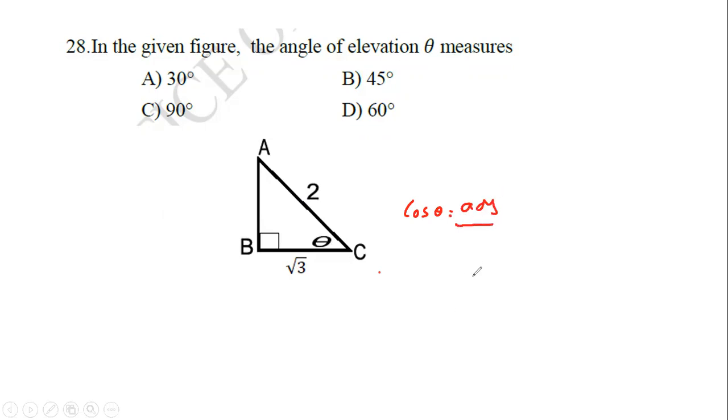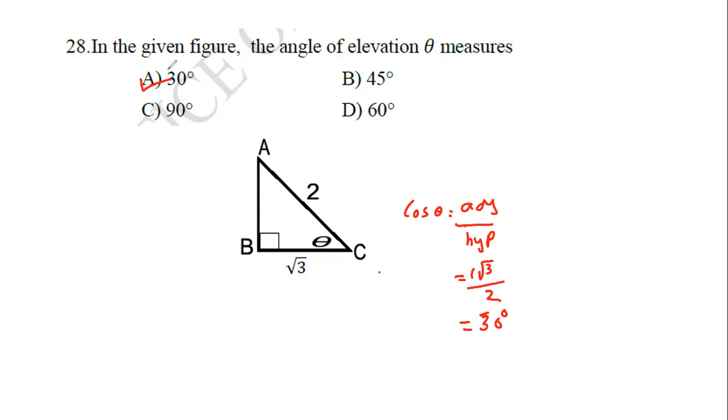Is it right? Adjacent by hypotenuse. Adjacent value is root 3 divided by 2. So root 3 by 2 is cos 30 degree. Is it right? So which option is right? Option A is correct.